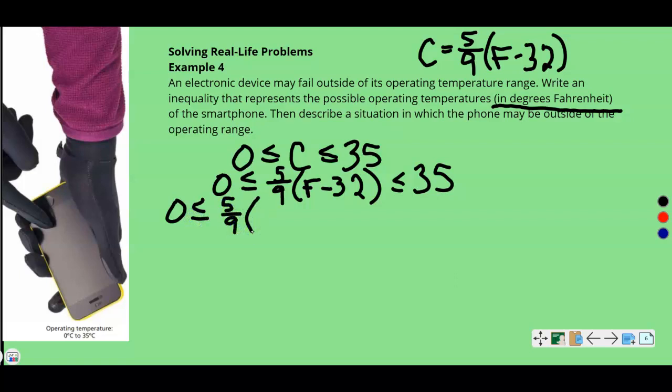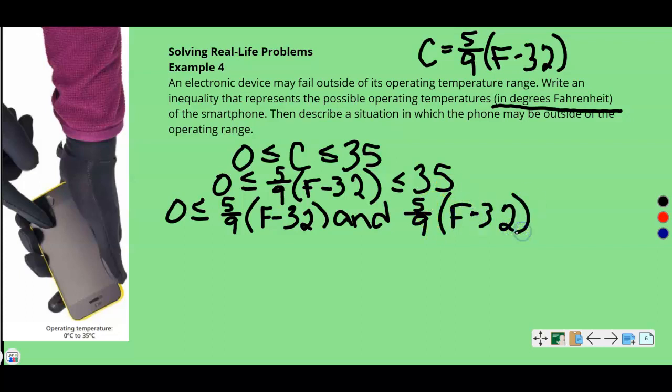So 0 less than or equal to 5/9 times Fahrenheit minus 32 and 5/9 times Fahrenheit minus 32 is less than or equal to 35 degrees.